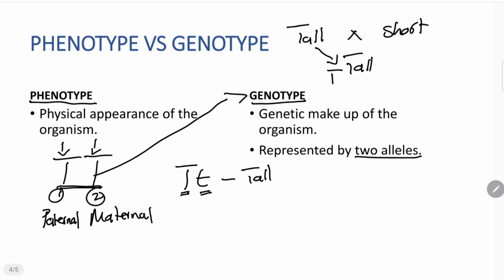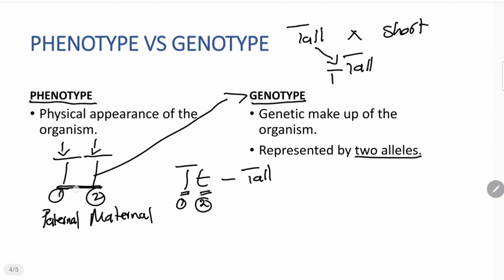The capital letter will always win, and therefore the effects of the recessive allele in this sense are going to be masked. We are not going to see shortness in this plant. It is going to be tall, simply because the dominant trait will always win if it is paired with a recessive trait. Again, one allele from the paternal origin, the other allele from the maternal origin. Hence, we are saying that the genotype determines the phenotype.